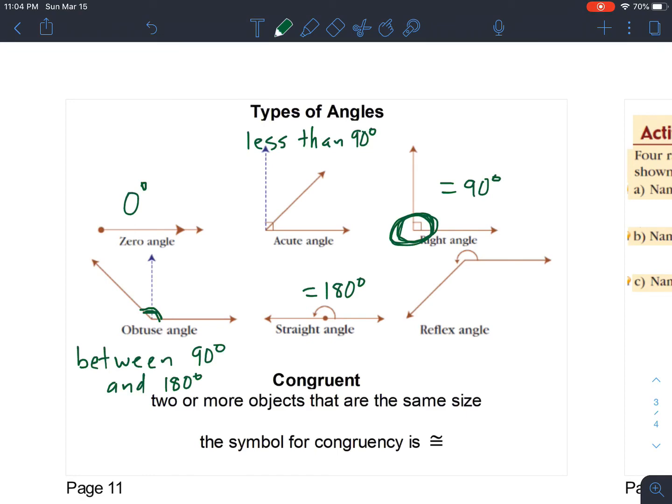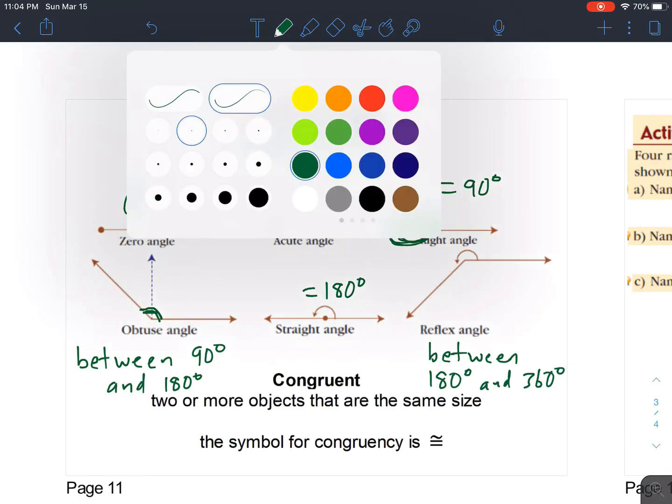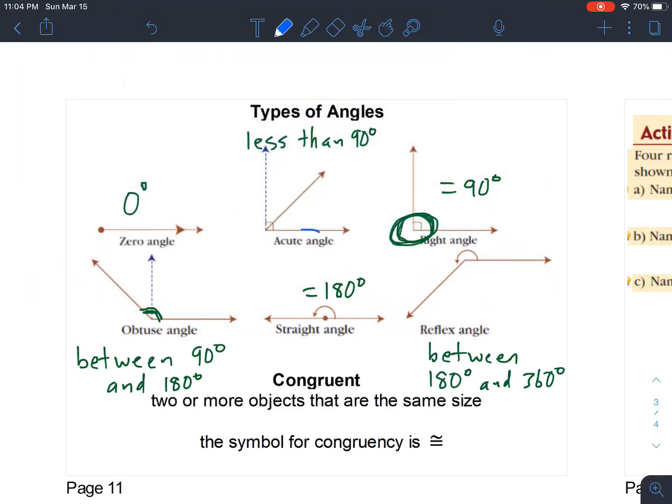And then the reflex angle is also one that we don't really talk about that often, but that is going to be between 180 and 360. Now the angles that we're going to talk about the most will be acute, right, obtuse, and then a little less often, but we'll still see it, the straight angle.